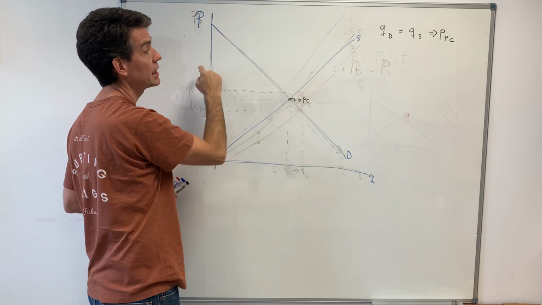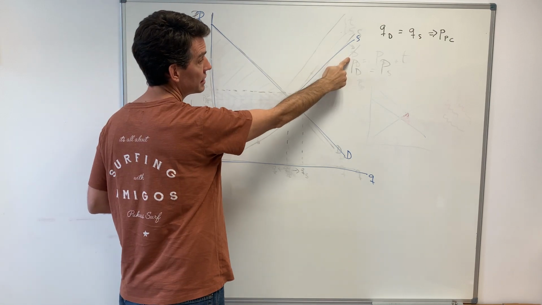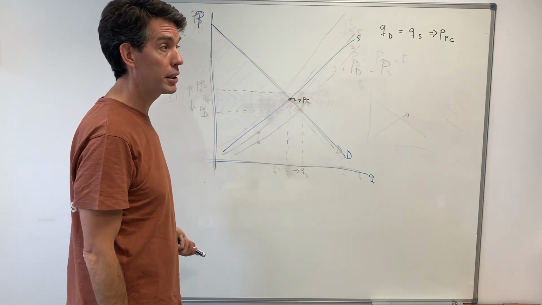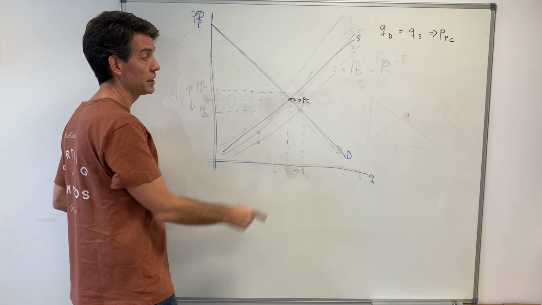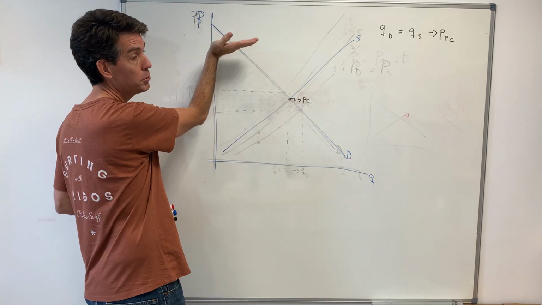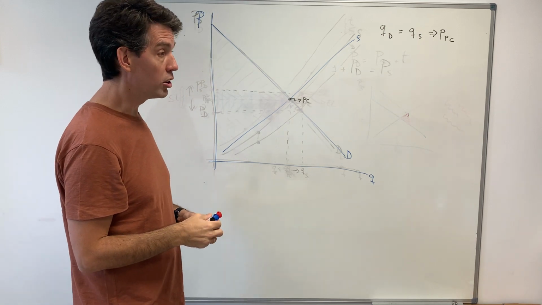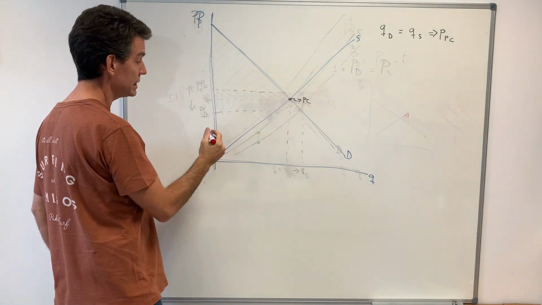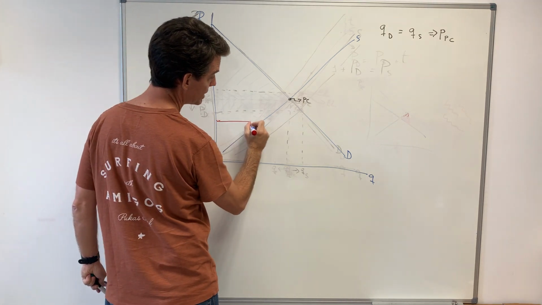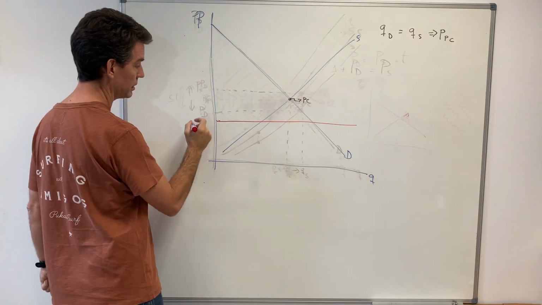If it's above and it says, look, the price cannot be larger than this one, it doesn't matter, because in a perfect competitive market, it's not going to be larger, it's going to be here. So a maximum price that is above the perfect competitive price has no effect. The only one that will have some effect is a maximum price that is below the perfect competitive price.